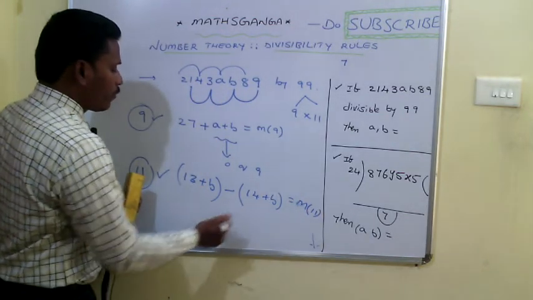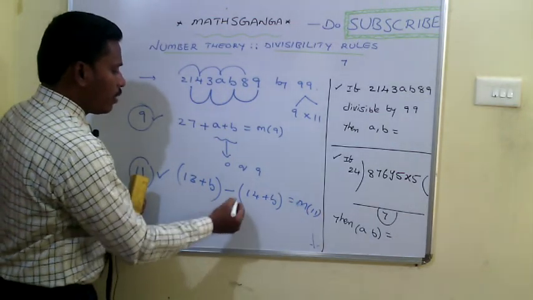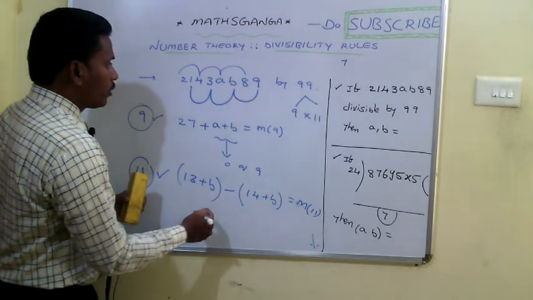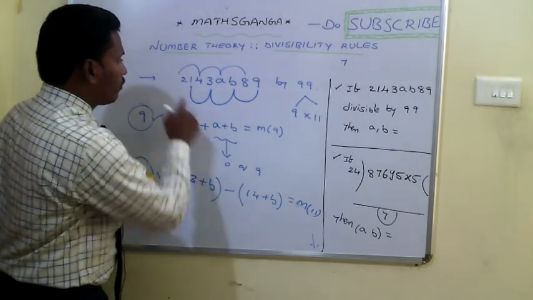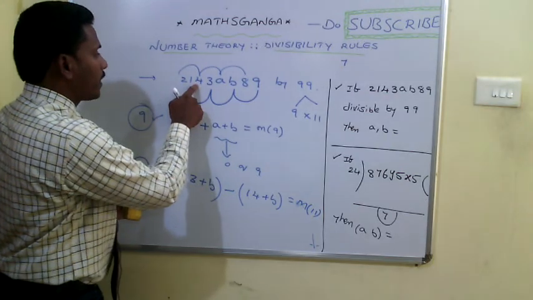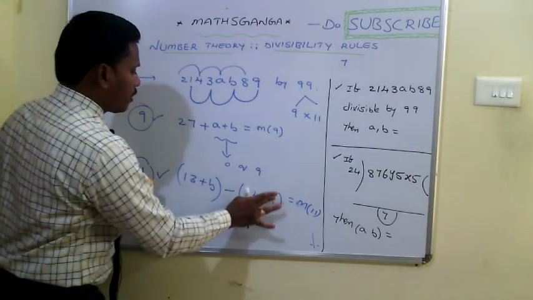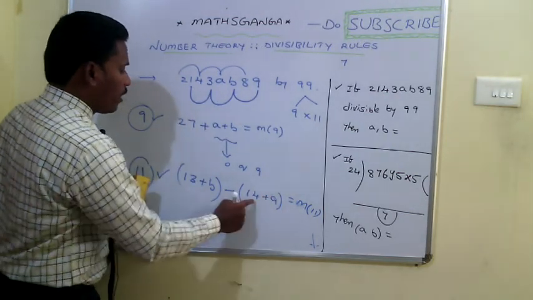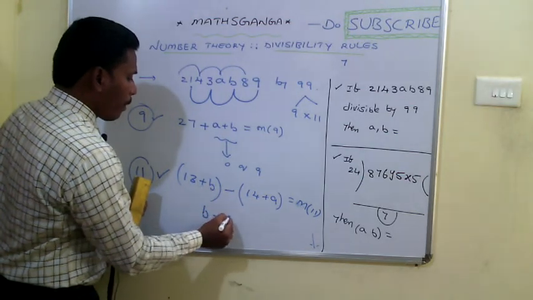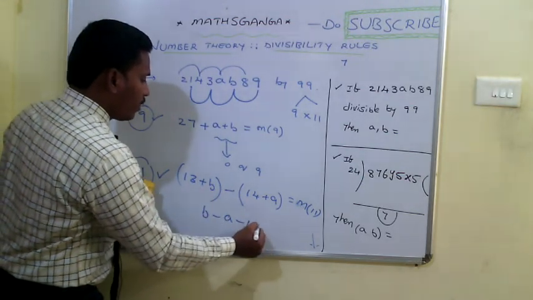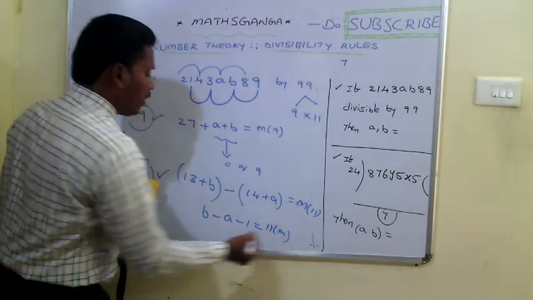If you simplify, 13 minus 14 is minus 1, so B minus A minus 1 is equal to a multiple of 11.